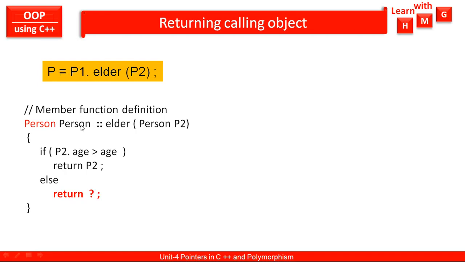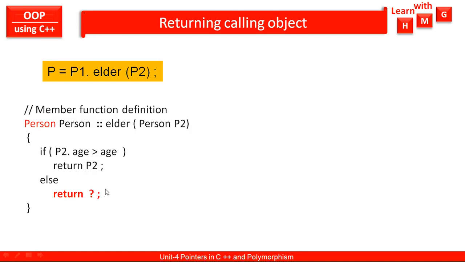But in the member function, P1 is not specified anywhere, because it is internally passed and its data member age is directly used. But while returning, I cannot return object P1. So that is the problem.